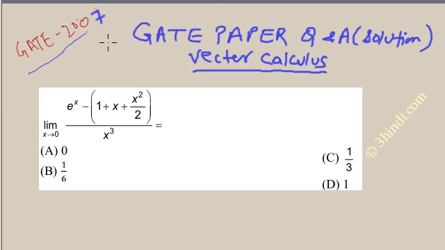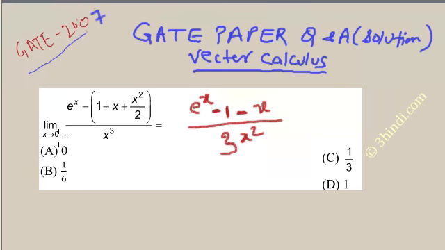This is another question from GATE 2007. You are required to find out the limiting value using L'Hospital's rule. You first differentiate numerator and denominator. You will get e to the power x minus 1 minus x divided by 3x square. So if you put the value x is equal to 0 here, 1 minus 1 divided by 0, so 0 by 0, so you require to differentiate it again.